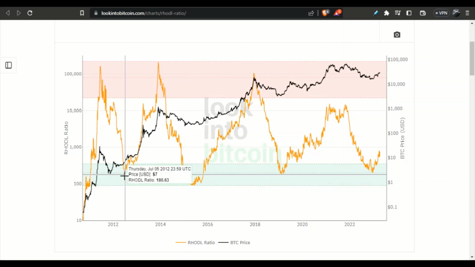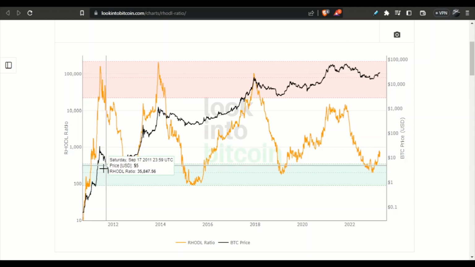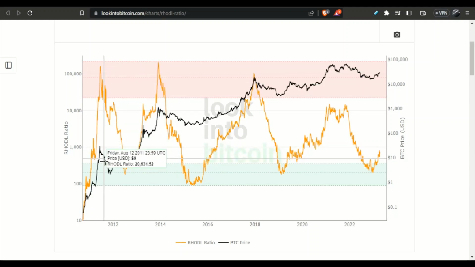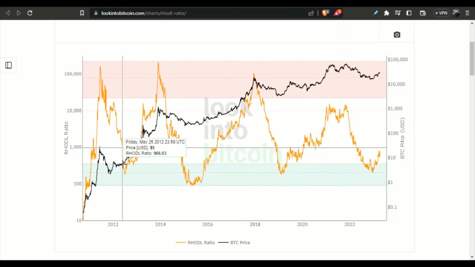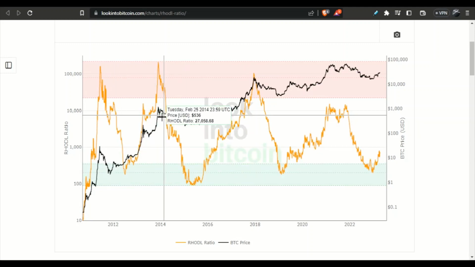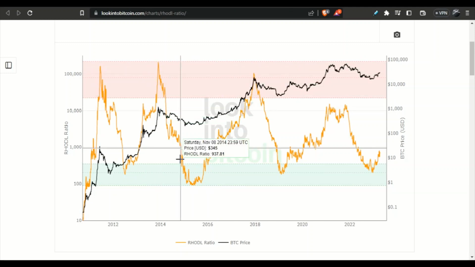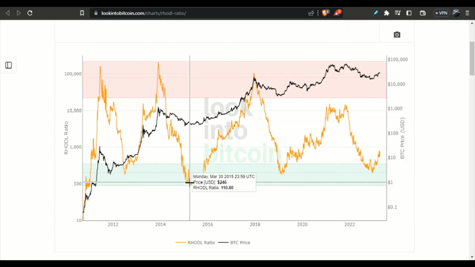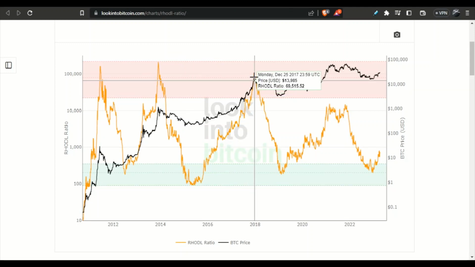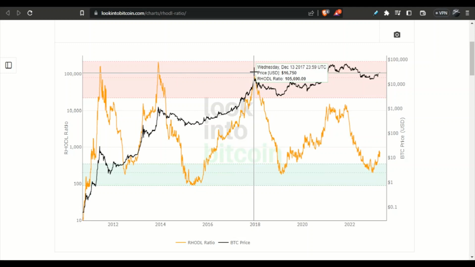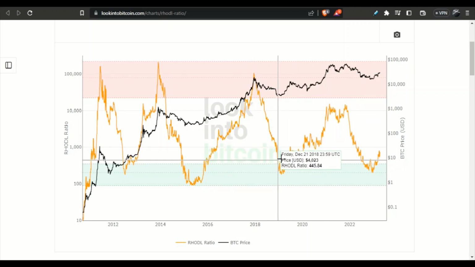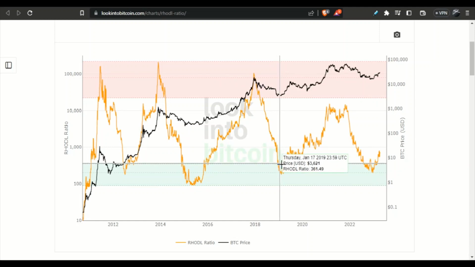And definitely we had it here as well, a bit late. That was the early days, so it peaked at the peak of this move, and then bottomed here and then continued down. So it got more accurate. It identified or triggered the peak at 2014, and then the bottom of 2015, and then the top again, very accurate on 2018, and the bottom here was very close on the 2017 area.